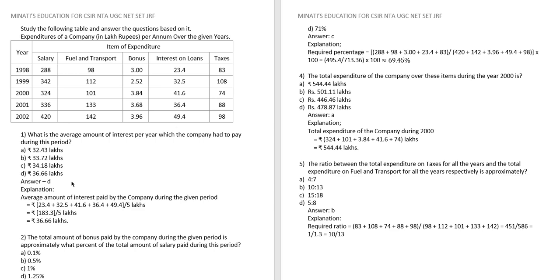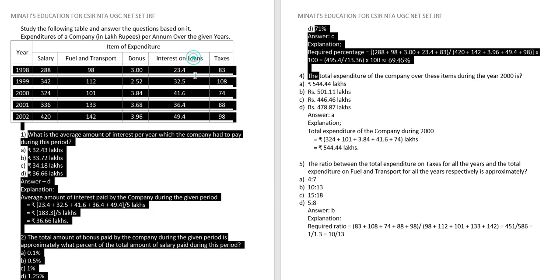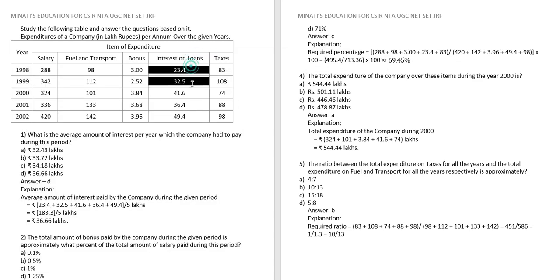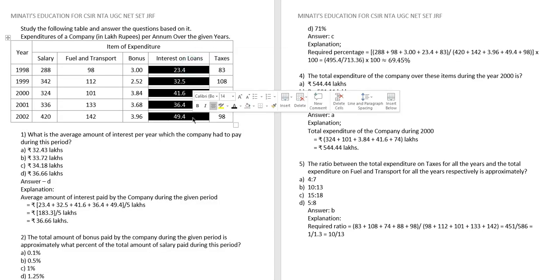So, average interest. See the interest on loans, 23.4 over the different years. This is the picture of the interest on loans. What you need to do is just add all the interest on loan figures, that is 23.4 plus 32.5 plus 41.6 plus 36.4 plus 49.4, divided by 5.